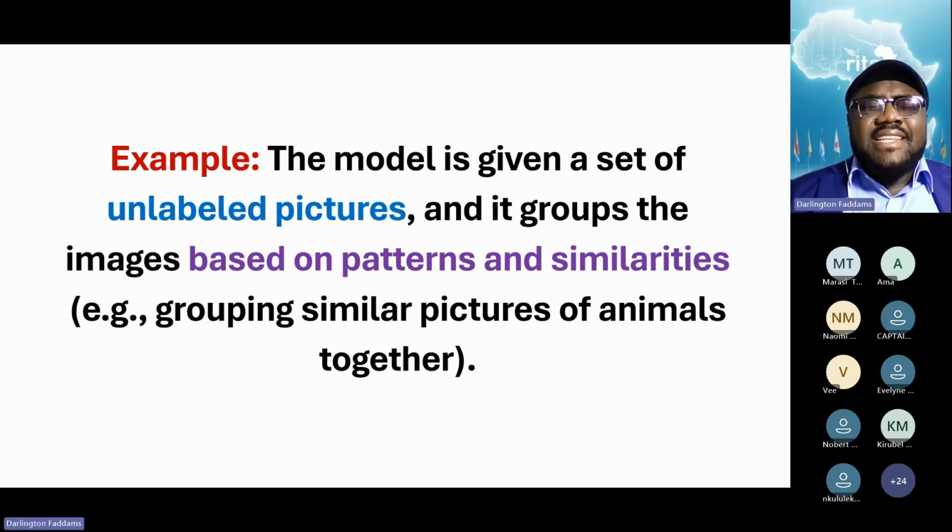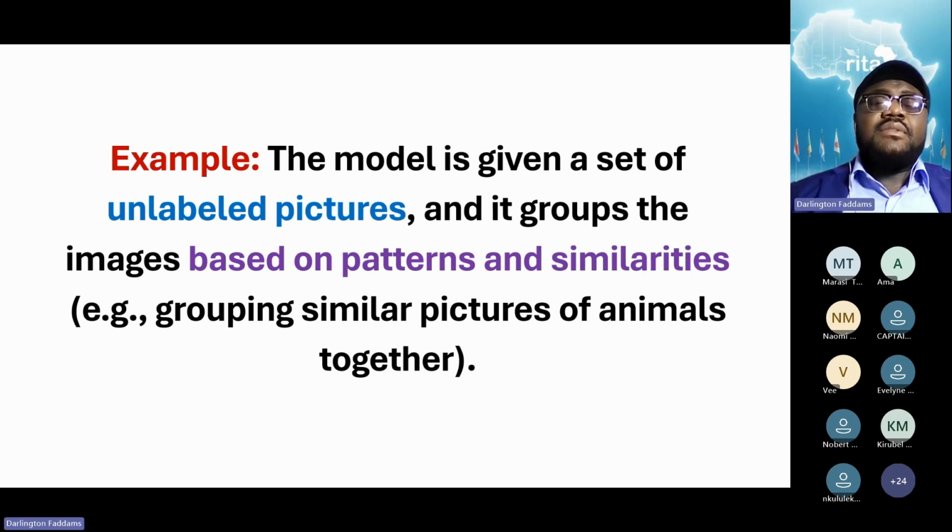But through studying these pictures, the model is able to group them based on similarities. And at the end of the day, it can group cats in one group and dogs in one group.